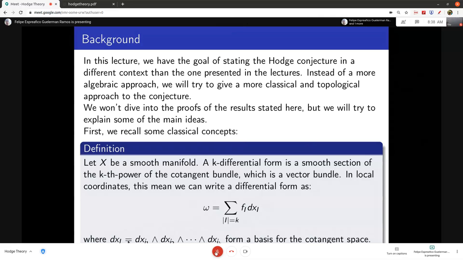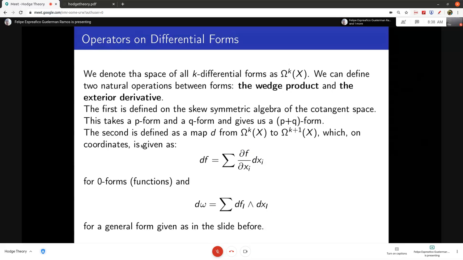Those are simply the dual bases of the cotangent bundle, and the wedge product is the usual wedge product in the exterior power, right? Then we can denote the space of all k differential forms as Omega^k of X.